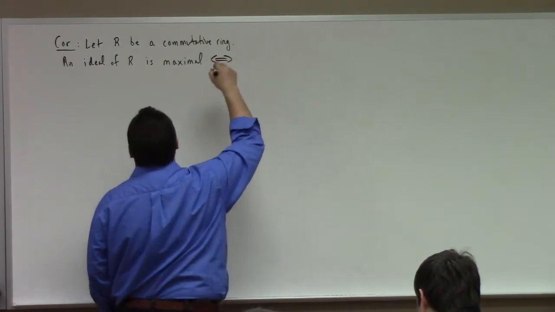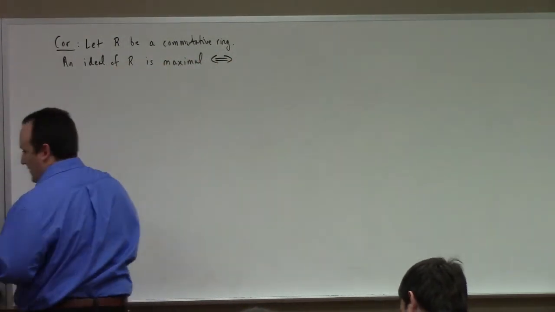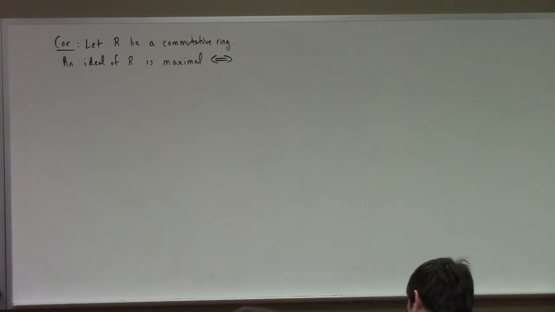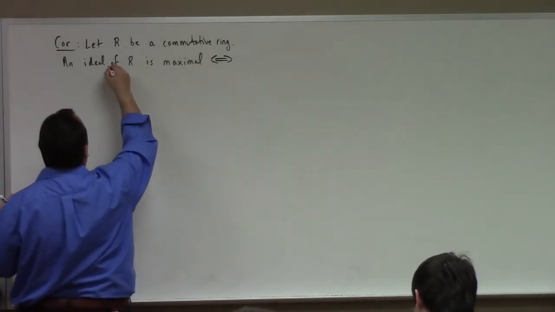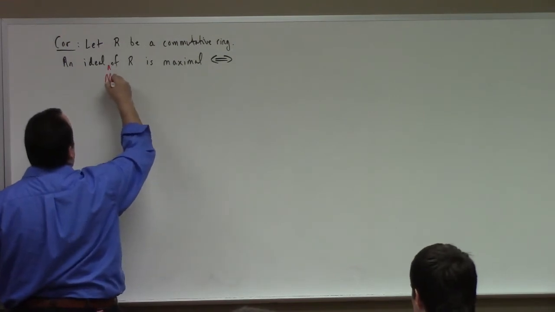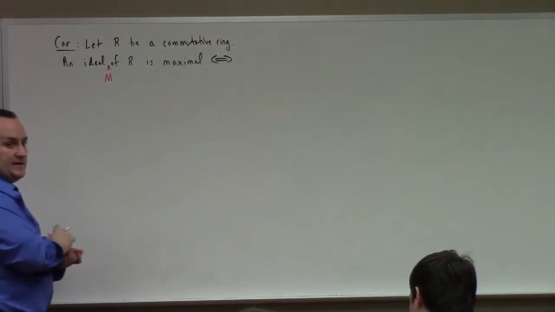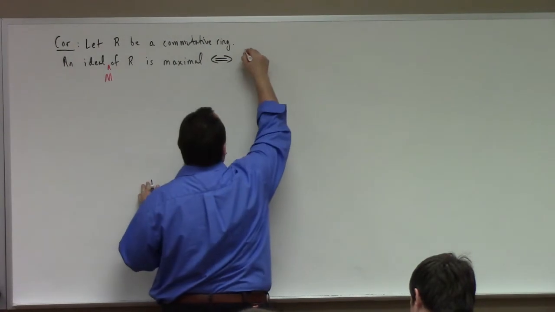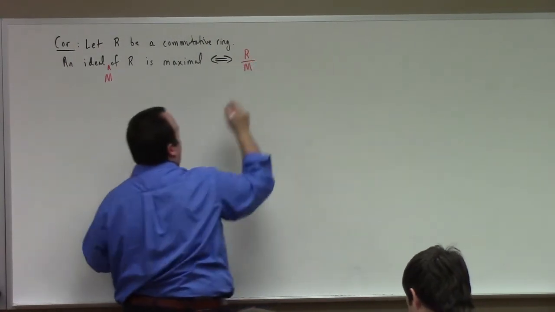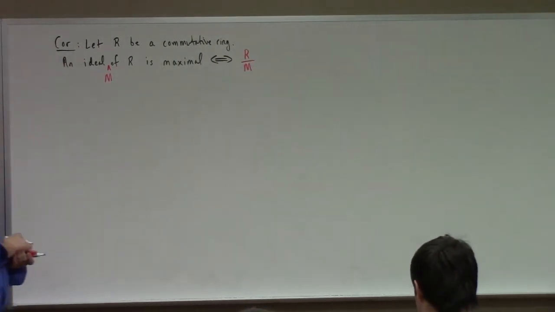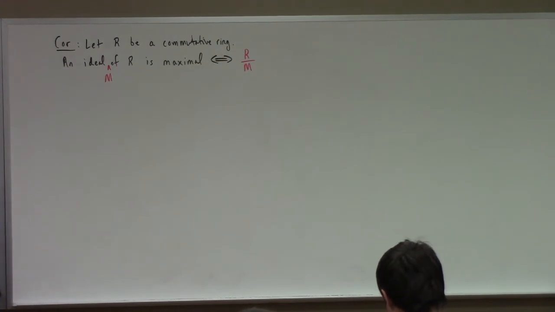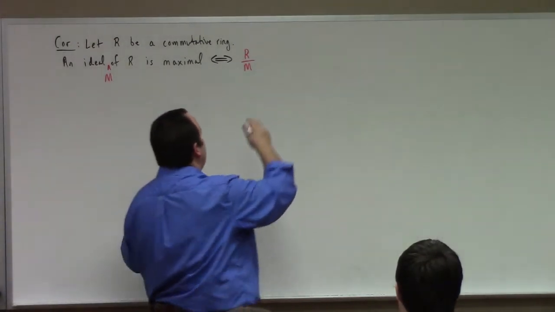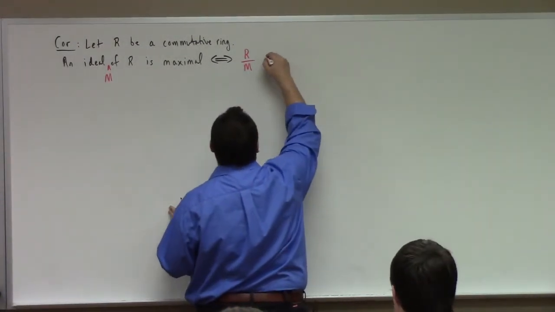I'm missing a very important thing to communicate this idea, which is a letter, right? Let's call the ideal M, as in a maximal ideal, all right? Then R mod M is what? Yeah, a simple ring would be, that's true.